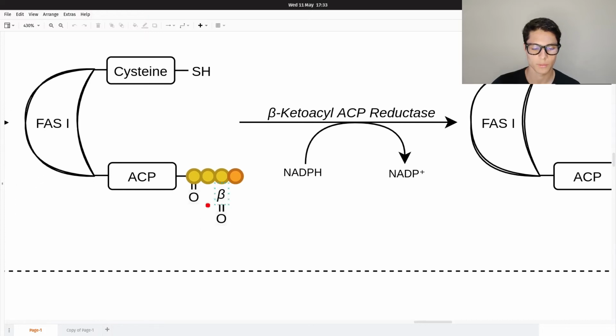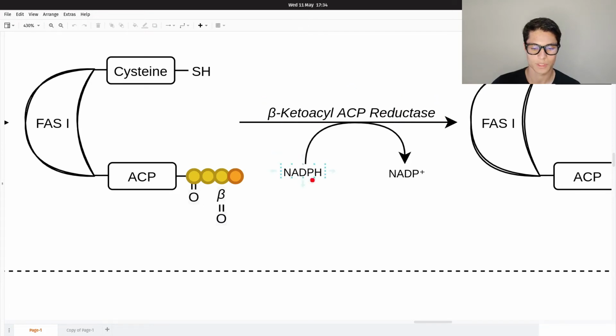You have to know that on the beta carbon, because this is carbon number 1, alpha, beta, we have the keto group, and this enzyme is reducing that.